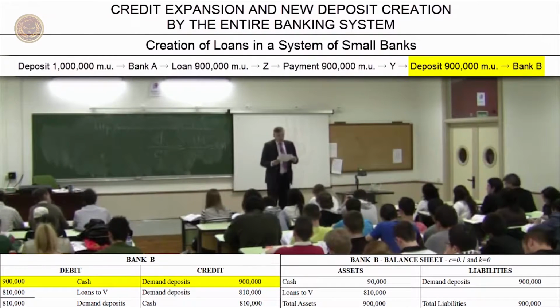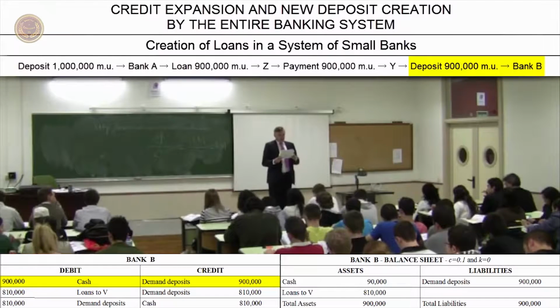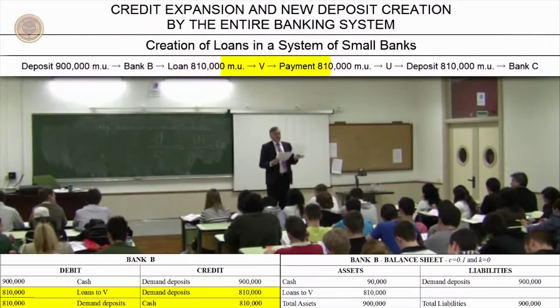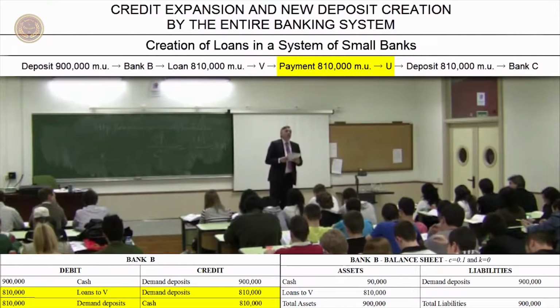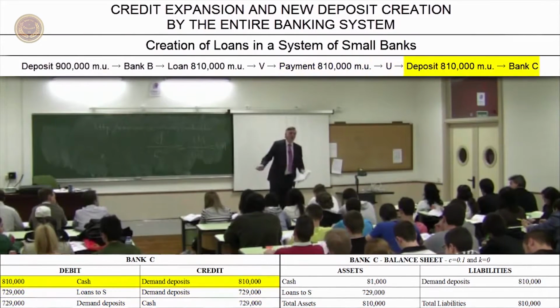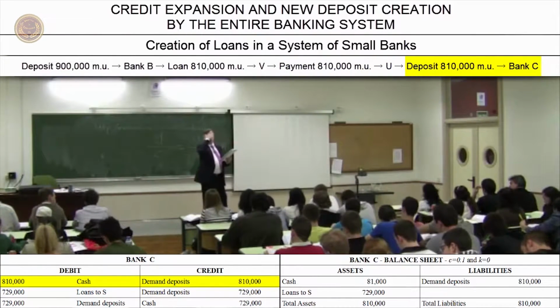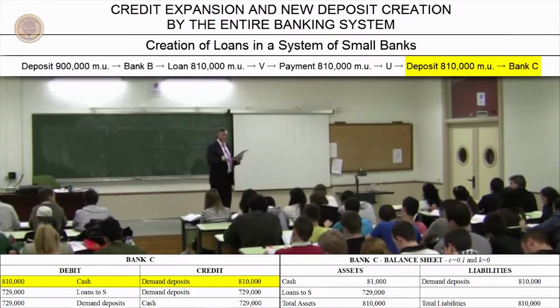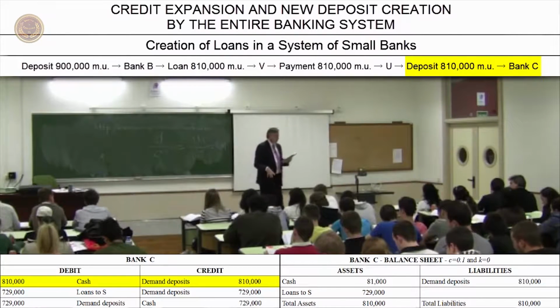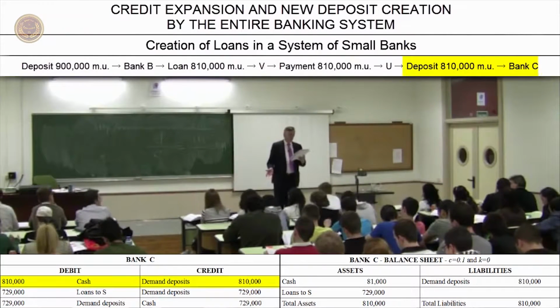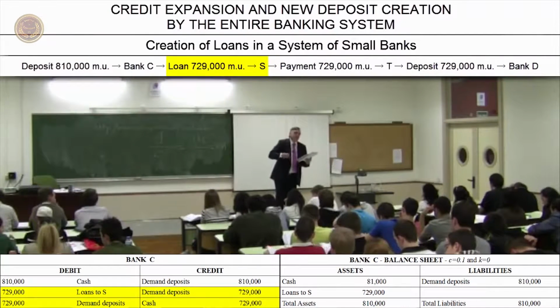It leaves 10%, 90,000, in the vault and lends the rest. And the person who receives the 810,000 units from V deposits it in his bank, Bank C. Bank C receives 810,000 monetary units, keeps 81,000, which is 10%, and lends 729,000.